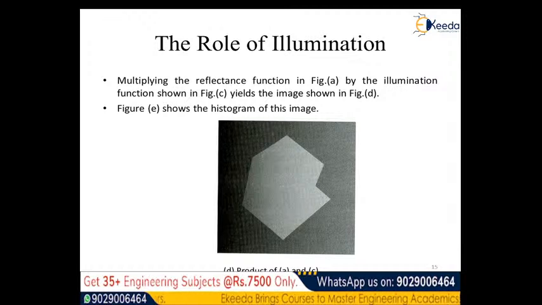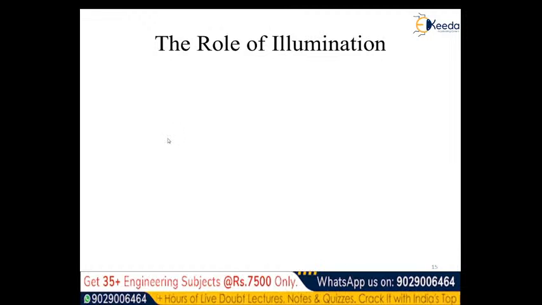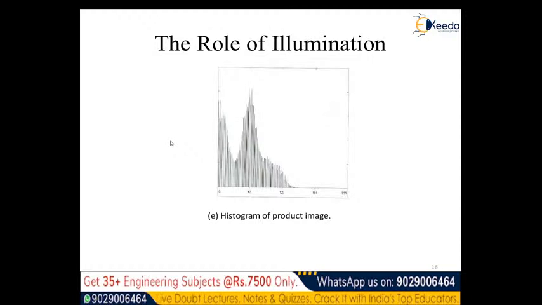So here is figure part D, where you see the product, a multiplication of part A, the reflectance function, and part C, the illumination function, both in two-dimensional visualization. The corresponding histogram is visualized in the next part, figure E.